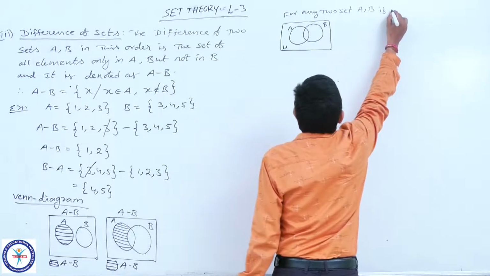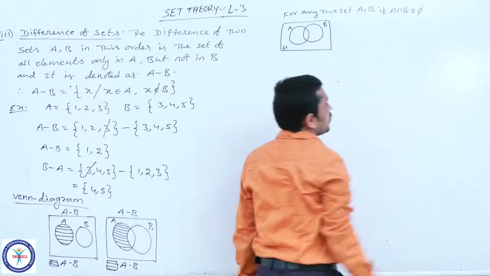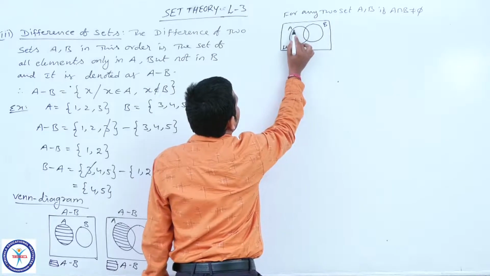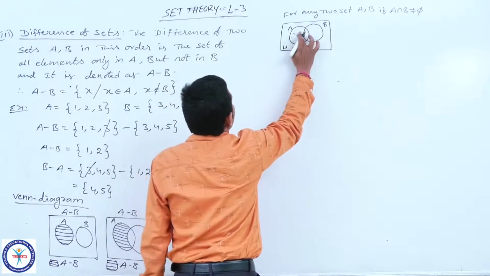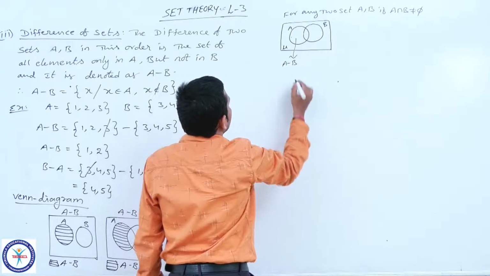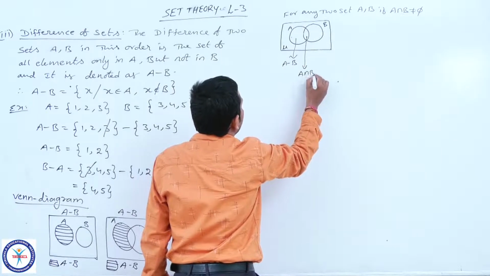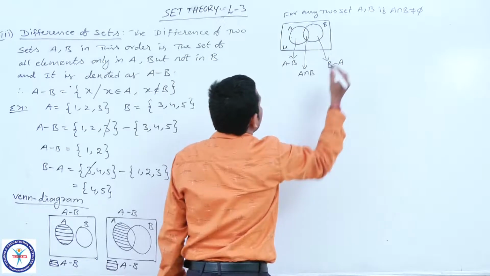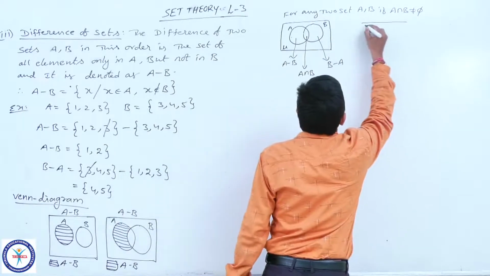If A intersection B is not equal to the null set, then this region represents A minus B, this region represents A intersection B, and this represents B minus A. How can we represent B minus A?